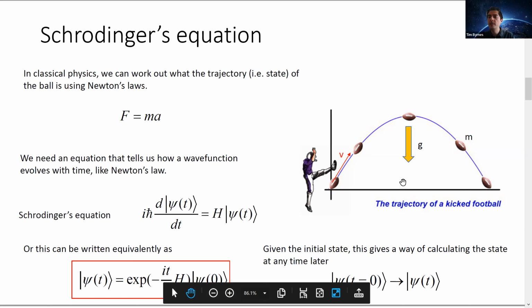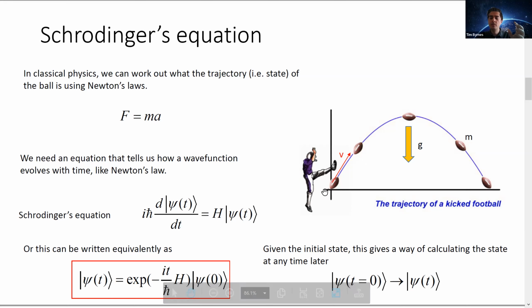Just like in the ball example, where you're given some initial condition, you might be told, okay, the ball is sitting here, weighs 1 kilogram, and I kick it with this force, and then it flies through the air, and the acceleration due to gravity is 9.8. And the question might say something like, figure out where the ball lands.